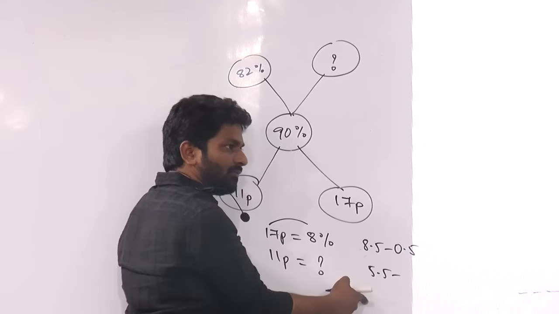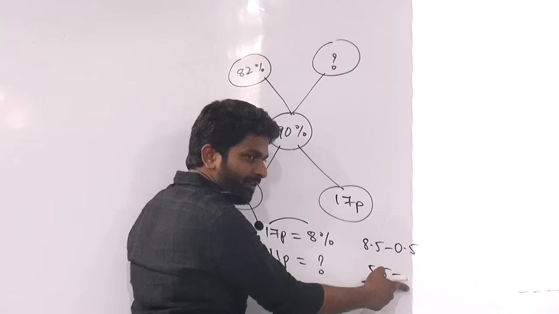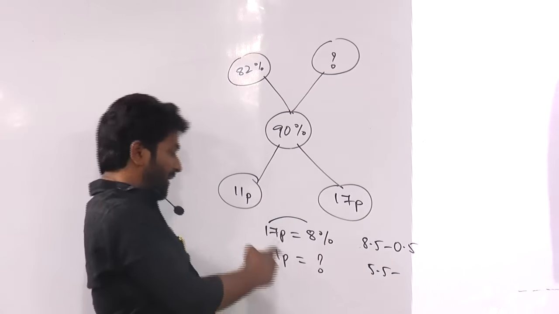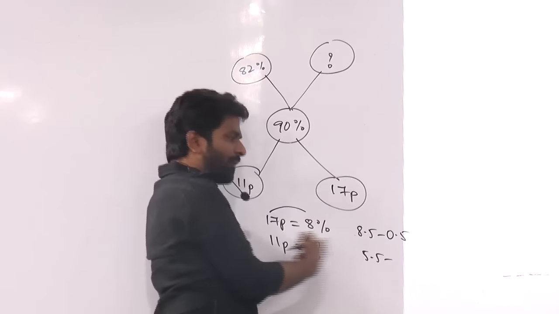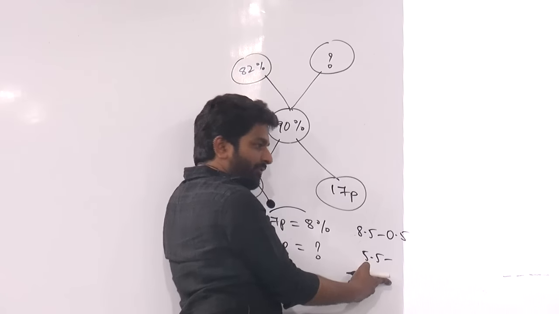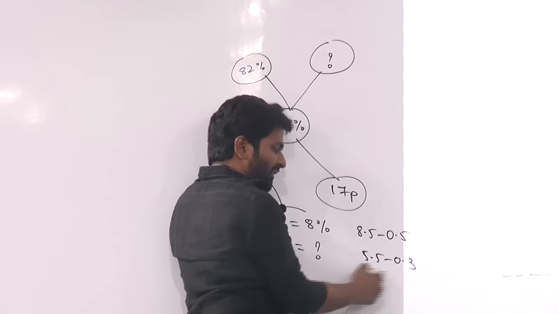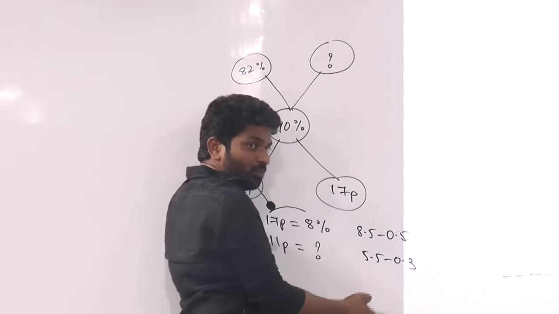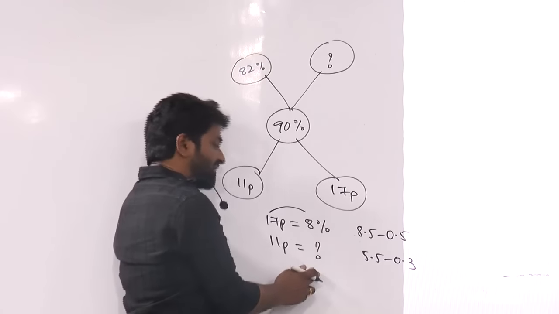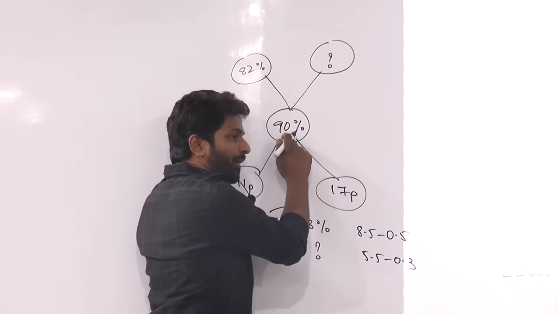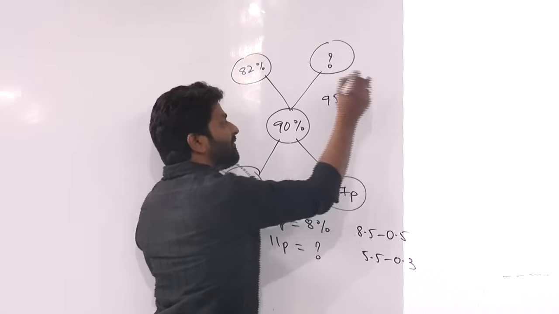Less than 0.5 only, right? Here it is 17 parts. So for 17 parts you are subtracting 0.5. For 11 parts you are not supposed to subtract 0.5. So somewhere it will be 0.3. This is near about 5.2. So 11 parts is equal to 5.2 and you need to add 5.2 to this number. Answer is 95.2.